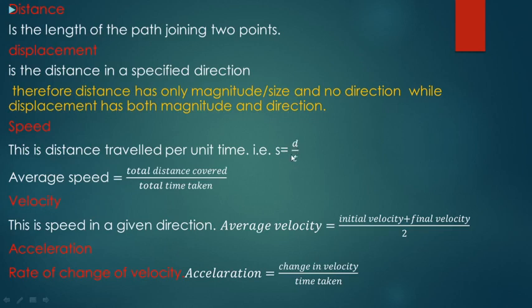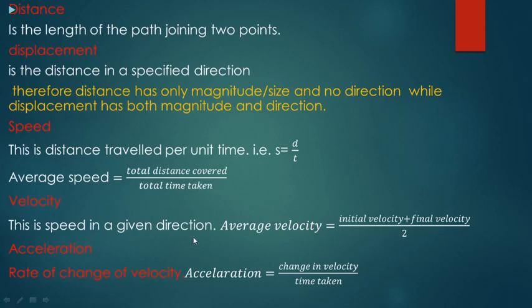When we talk about average speed, if a body was moving at some different speeds, 80 goes to 120, goes back to 40 and all that, it moves with variable speed or velocity, then to get the average speed for the whole journey, we find the total distance the vehicle or the car has traveled divided by the total time the car has taken to reach the destination. When we talk about velocity, it is the speed in a given direction.